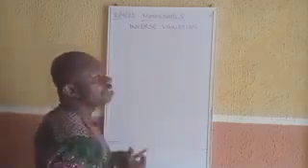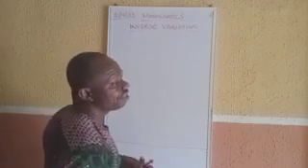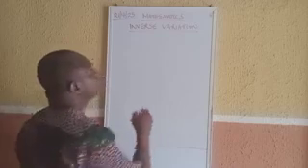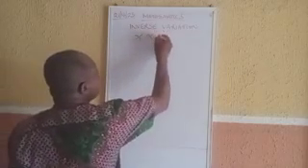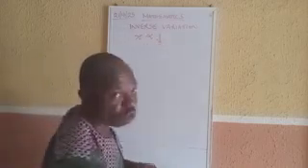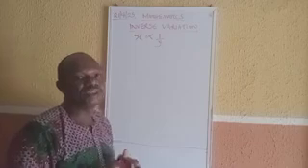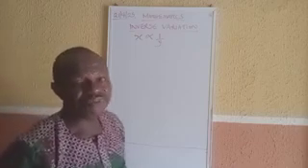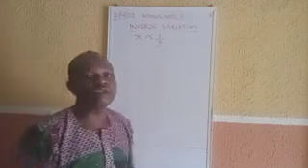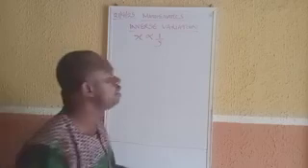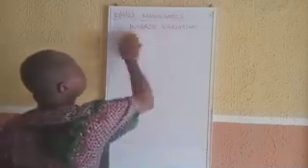If two quantities x and y relate inversely, we write x is inversely proportional to the reciprocal of y. That is how inverse variation is written. Now let's see some worked examples on how we can solve problems involving inverse variation.